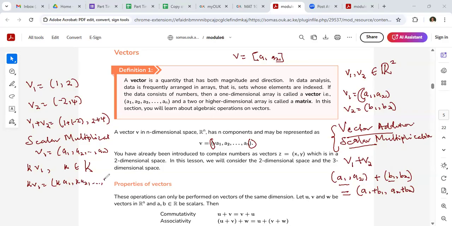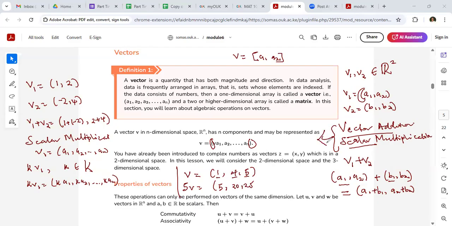You multiply every element in the vector by the scalar. A good example would be, say you have v to be the vector 1, 4, 5, and you want to find 5 multiplied by v. Multiply every element in the vector by the scalar. So you have 5, 20, and 25.